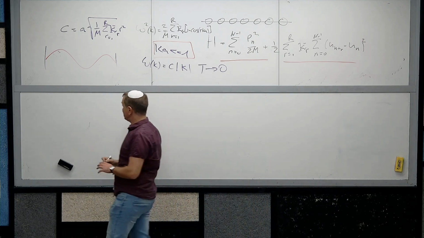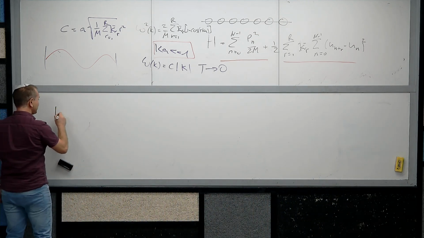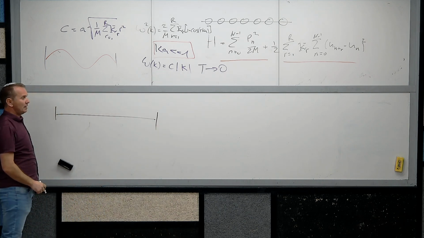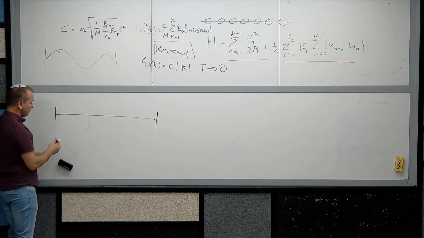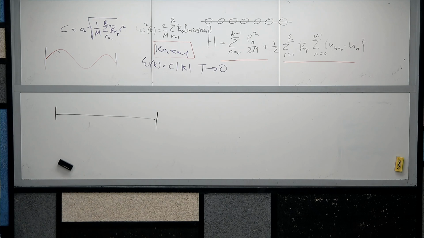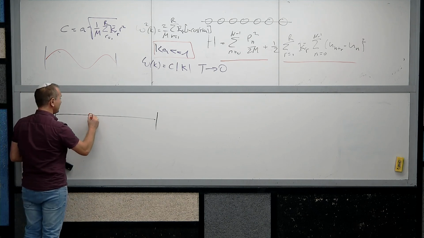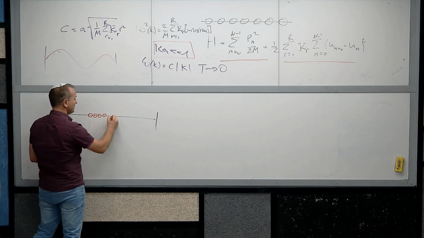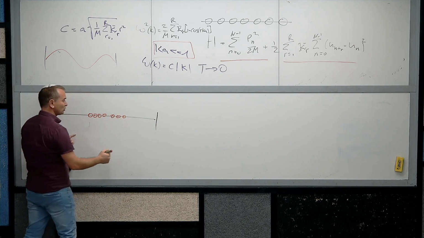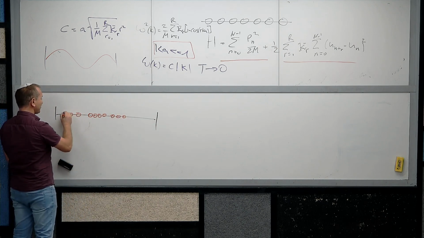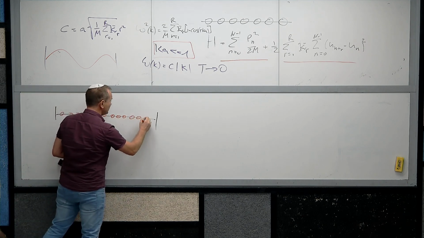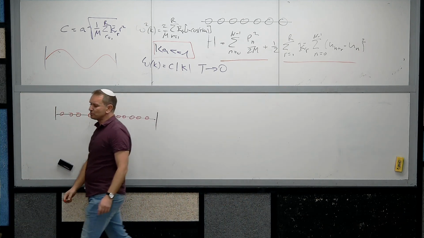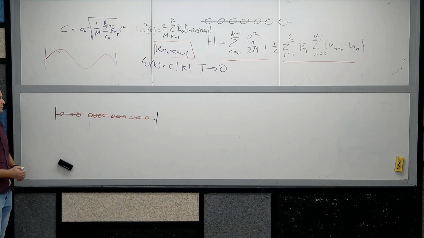And the idea is, well, if you look at the same string of particles, some of the particles are a little bit close together, some of the particles are a little bit far. And instead of looking at each and every single particle, I want to perform a coarse graining procedure.